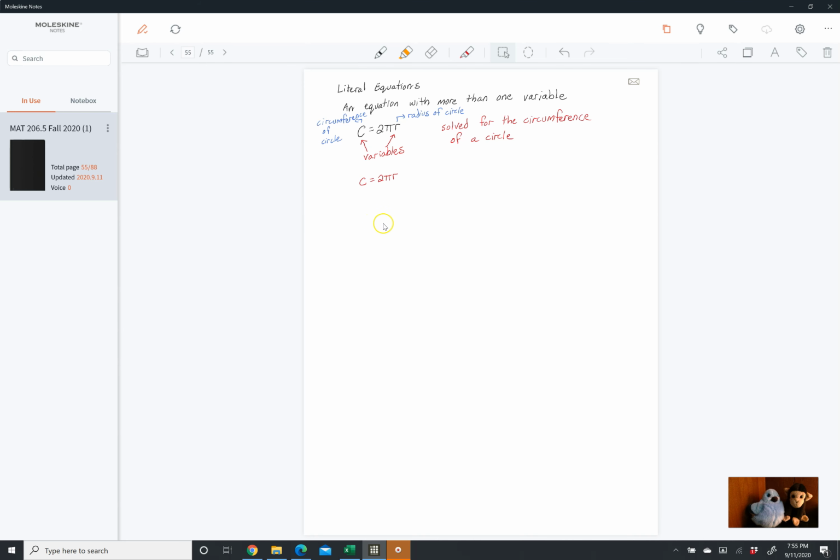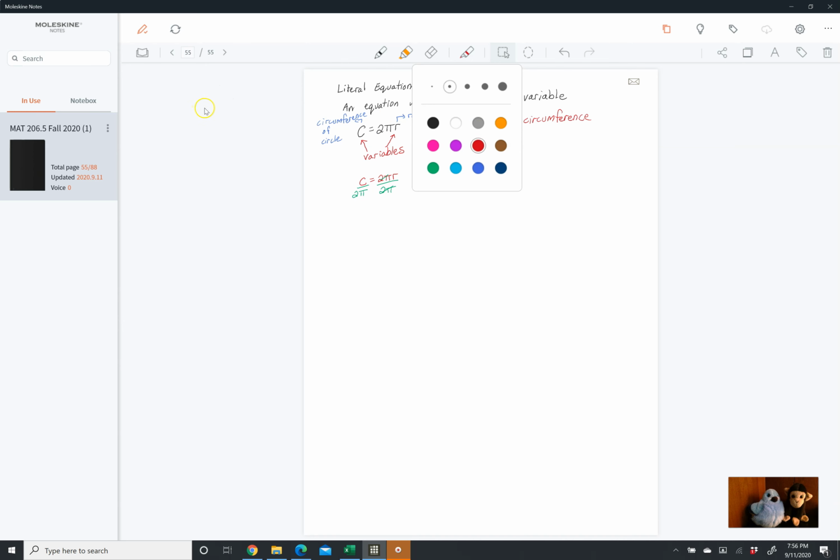So now we want the radius all by itself on one side of the equation. Remember, the 2 and the pi are being multiplied by r. So to get rid of them, we're going to divide by 2 pi. Okay, and the 2 pi cancels. We're left with just r, which is what we want.